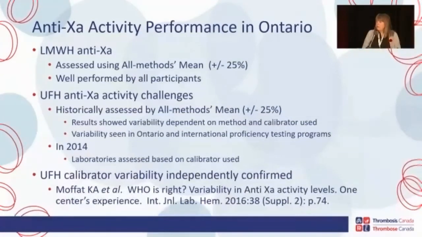So about 7 years ago, IQMH moved that laboratories be assessed based on which calibrator they use. This variability in the calibrator was actually independently confirmed by our group in Hamilton.